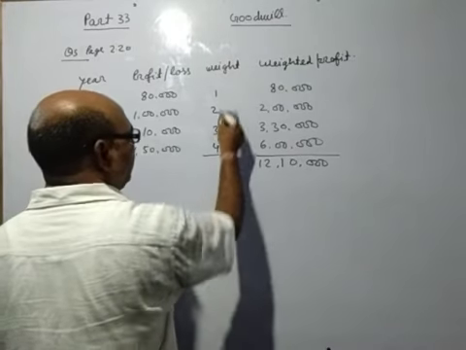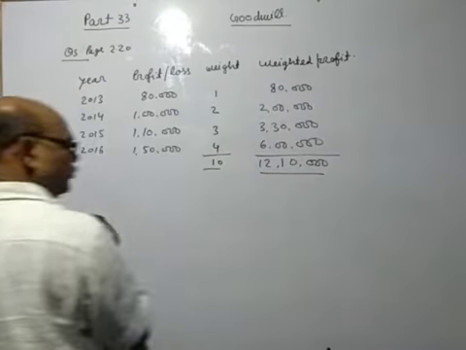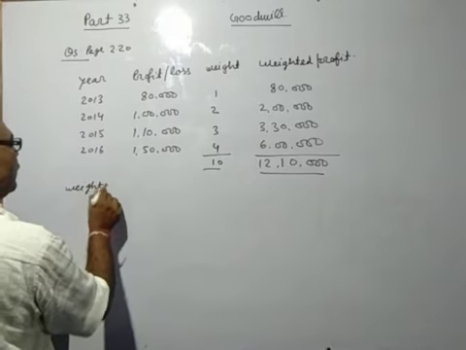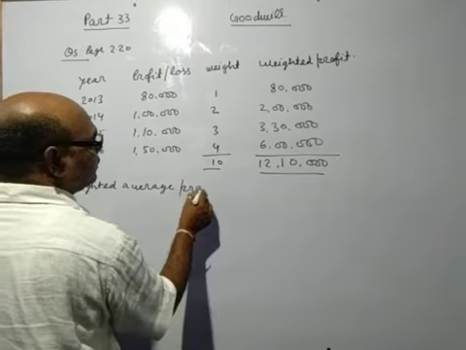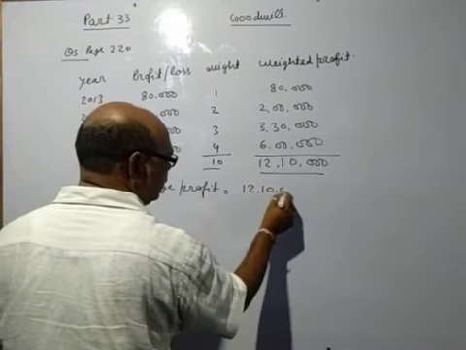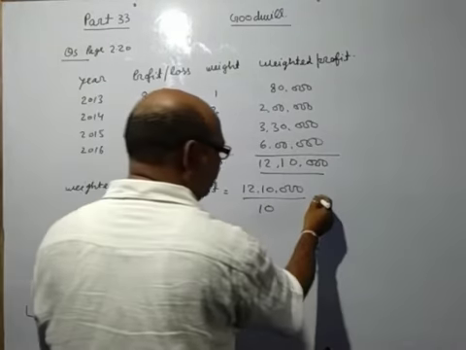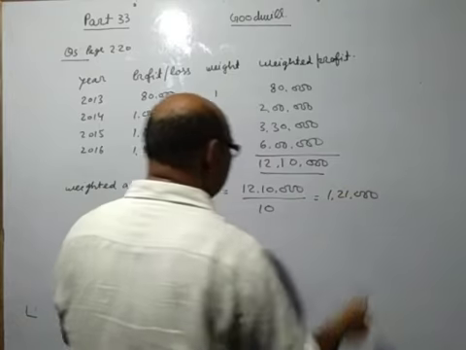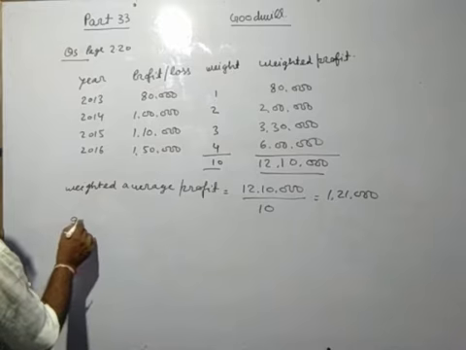Make the total of weight: 1, 2, 3, 4, that is 10. You will calculate the weighted average profit, that will be 12 lakhs 10,000 divided by total weight 10. So the zero will be cancelled and it will be 1,21,000.